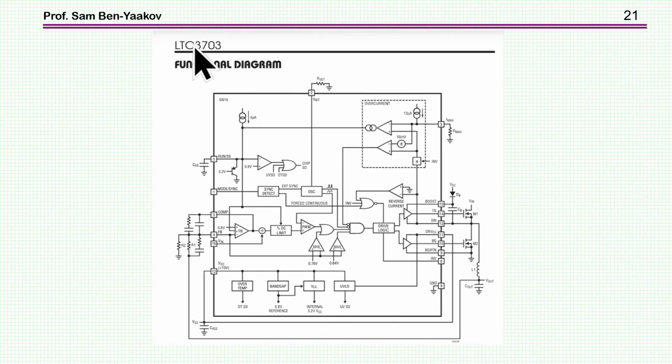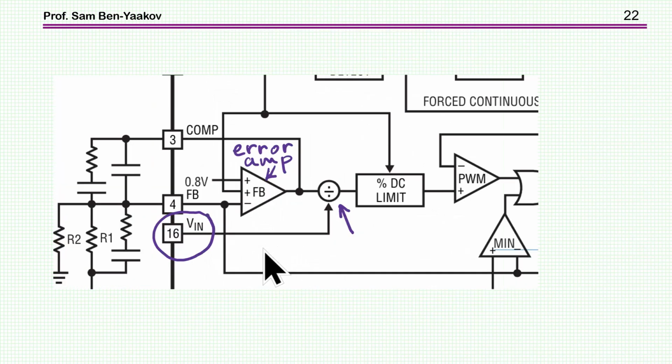This particular controller has a feed-forward arrangement. Here is a zoom of the relevant part. We have here the error amplifier. This is the output of the error amplifier. And here we have a divider. And the input here is the input voltage. This is the supply voltage. So there is a feed forward of the input, having here a divider.